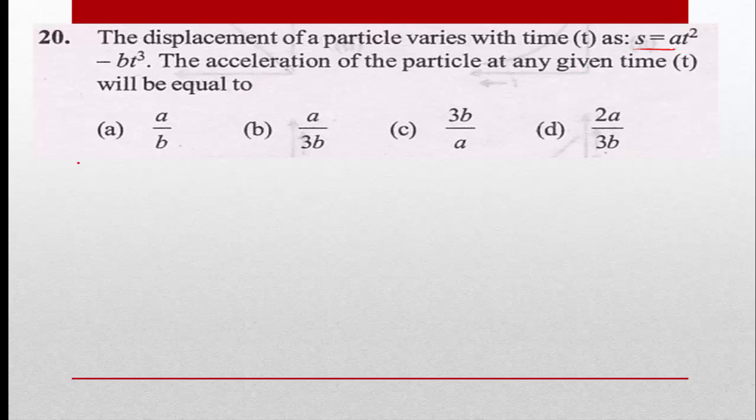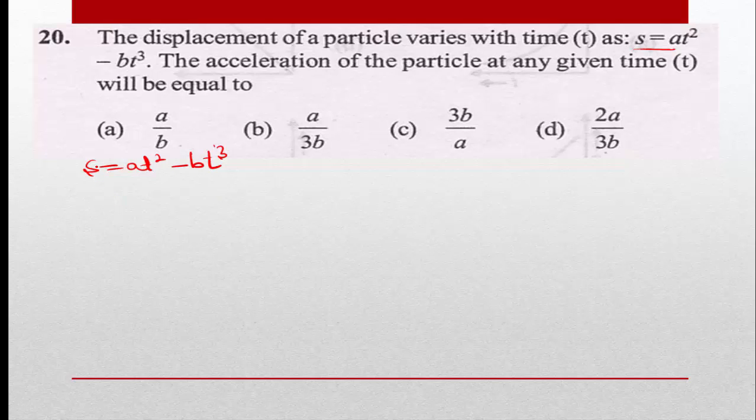Here the displacement equation is like this, that is s equal to a t square minus b t cube. The acceleration of the particle at any given time will be equal to.